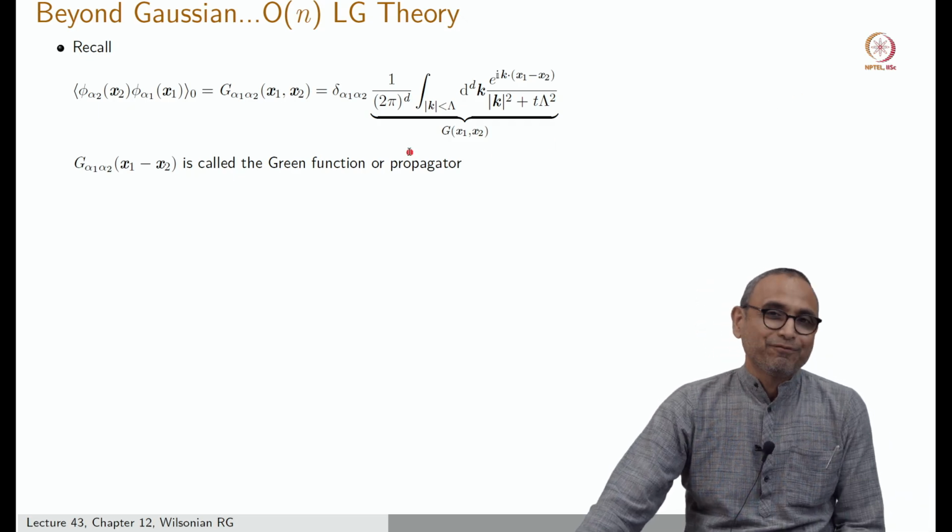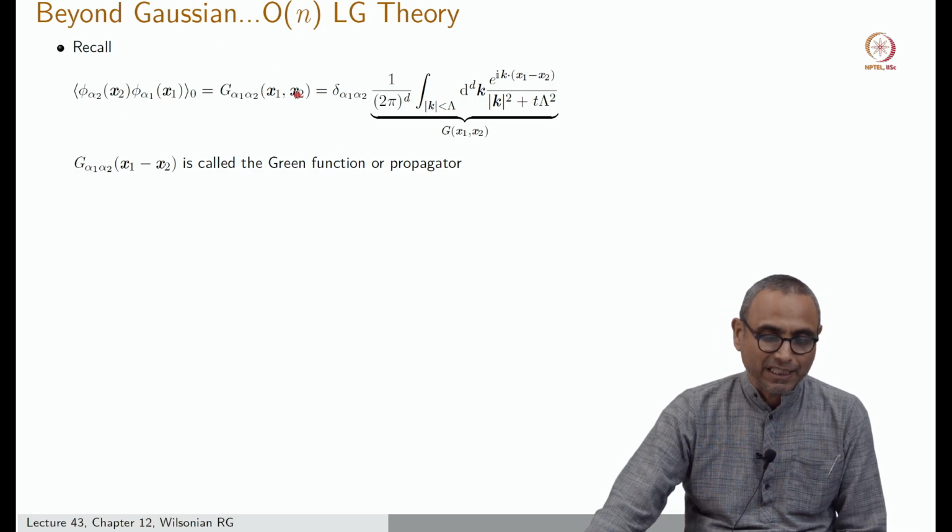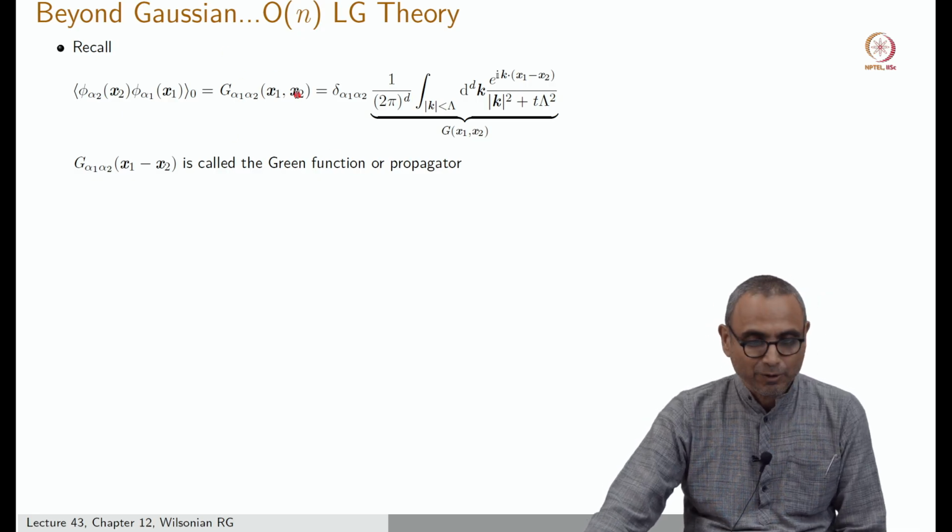Okay, so if you're coming from the field theory perspective, this quantity is sometimes called the Green's function or the propagator. It's just a term, and we can also use that language if you feel necessary.